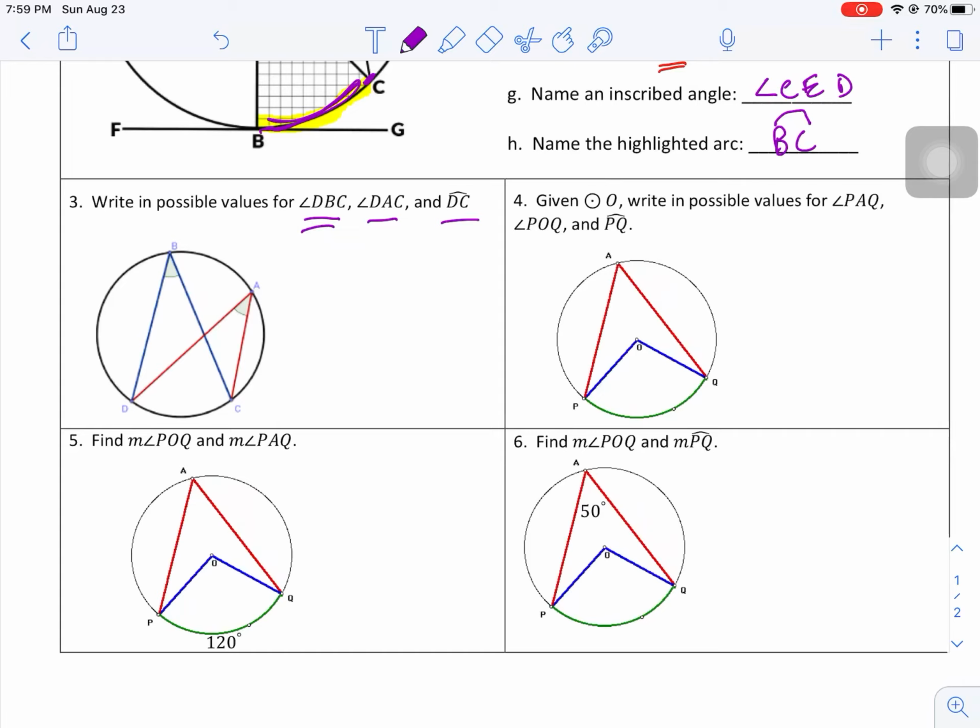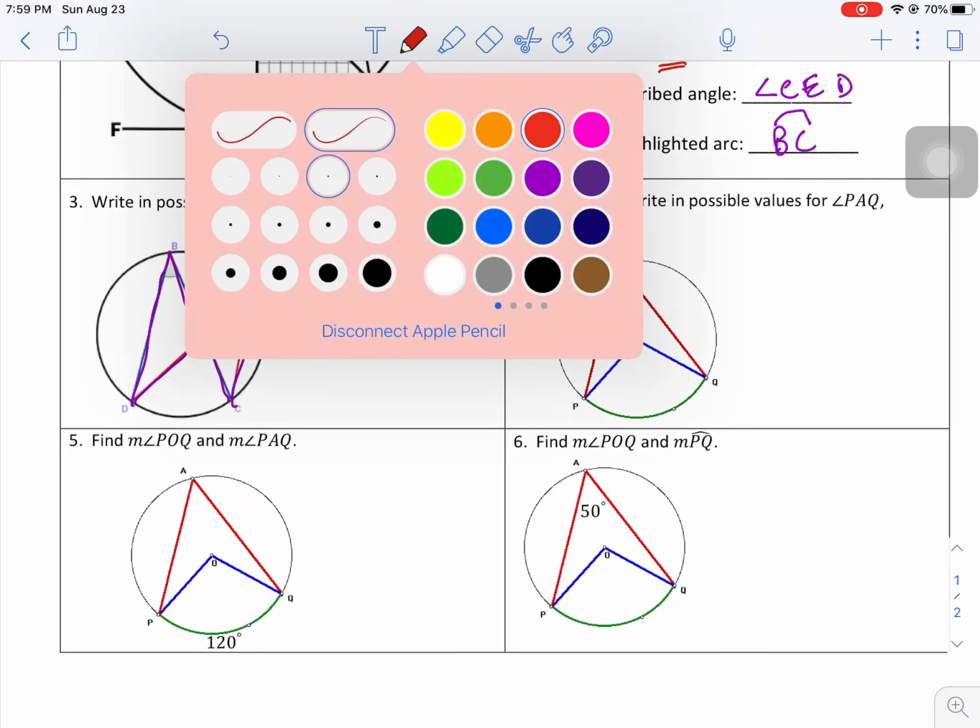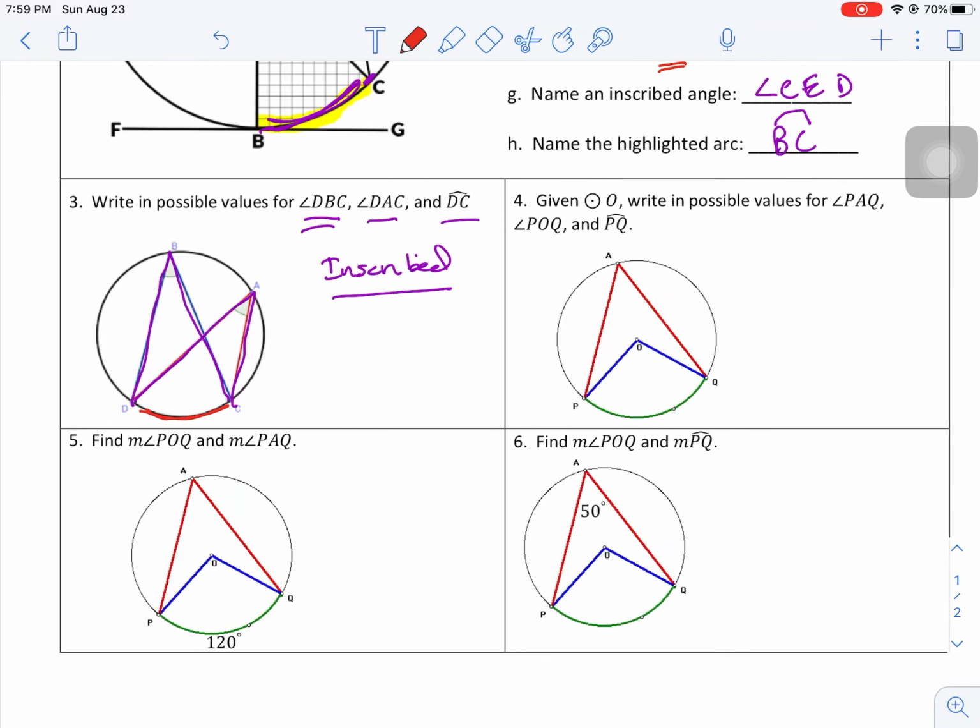So DBC is D to B to C. That's inscribed. Okay. Then angle DAC is also inscribed. And then arc DC is an arc.